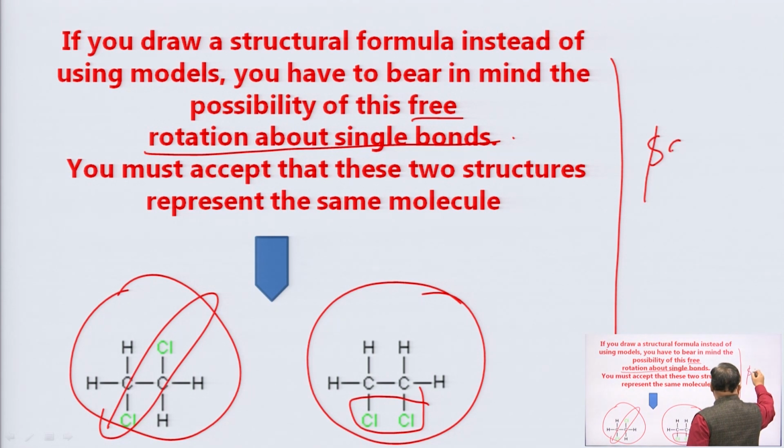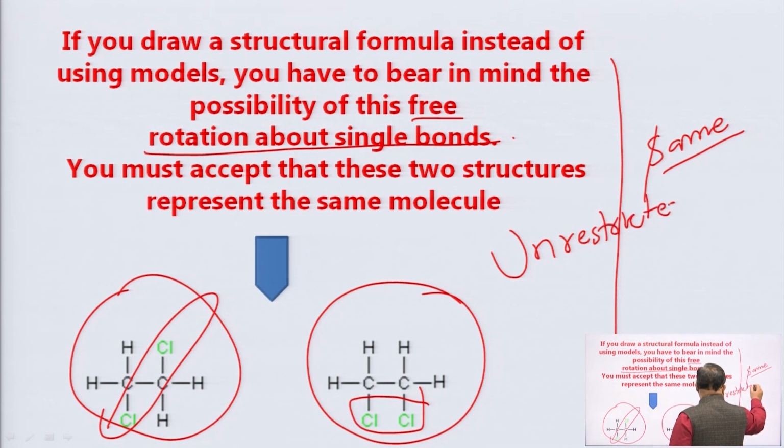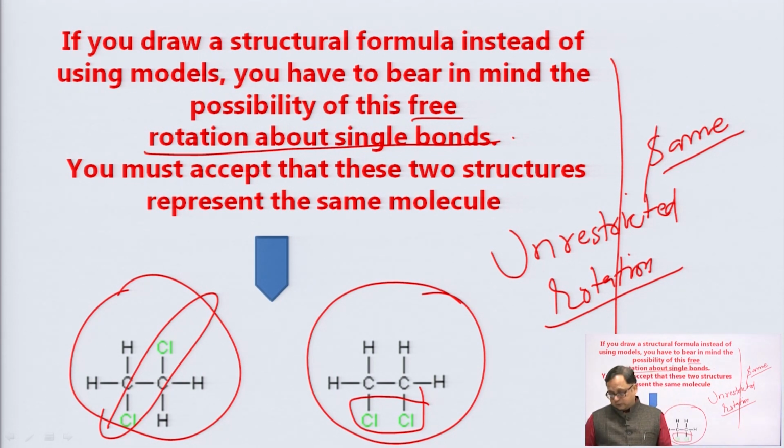That both structures we have drawn are the same molecule, so there is no possibility of geometrical isomerism. It is a perfect example of unrestricted rotation. So, one thing is very clear: unrestricted rotation can never result in geometrical isomers.